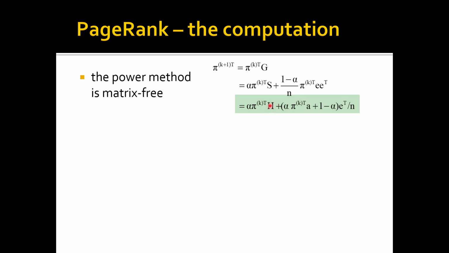So we get vector-vector multiplications. Here we get another vector-vector. H is the vector of dangling nodes. And again, we have here a vector. So we don't have any matrix to vector computation. That's why the method is matrix free.